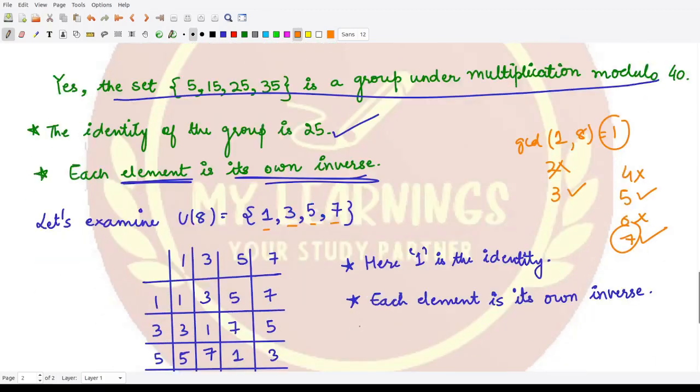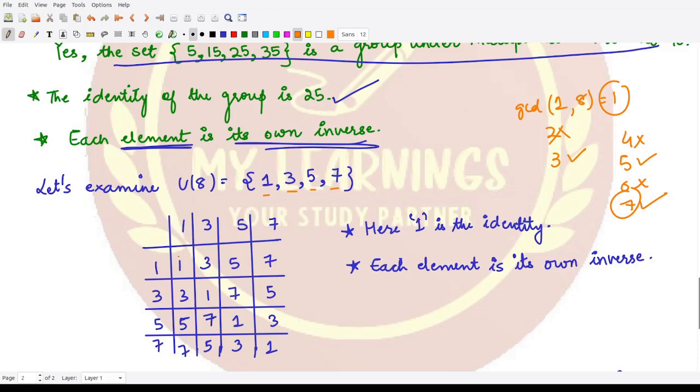So we can construct its Cayley table. It's very simple and you can do it orally as well. 1 into 1 is 1, 1 into 3 is 3 and it is less than 8, so this is only the remainder. 1 into 5 is 5, 1 into 7 is 7, 3 into 1 is 3, right? 3 into 3 is 9, so you have to calculate it under mod 8. 9 mod 8, what would it be? When you divide 9 by 8, you have 1 as the remainder.